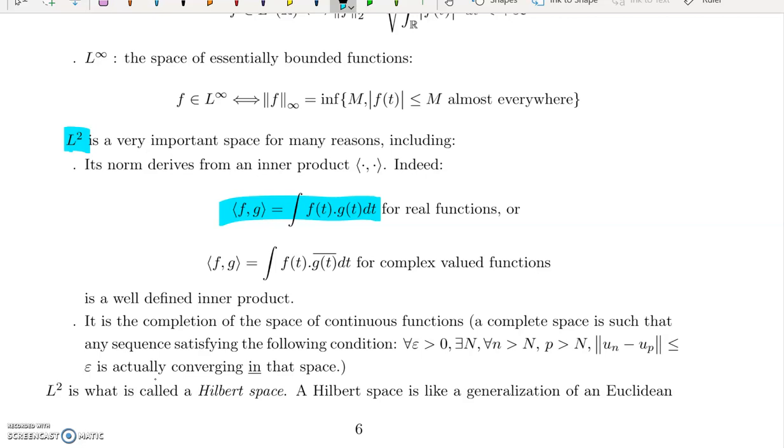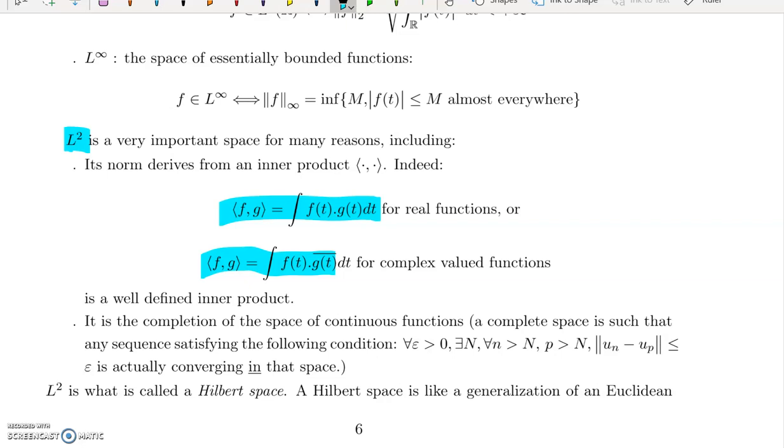If you've got complex functions, it's very similar to the usual dot product, but you have to use not exactly the product of the functions, but the product of one function times the conjugate of the other, right?